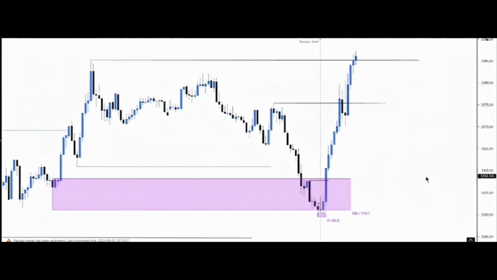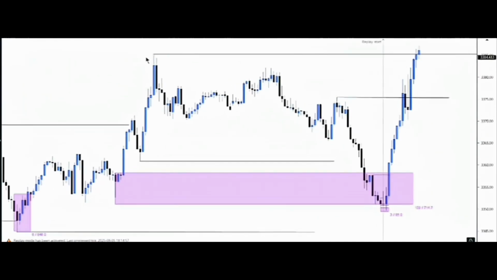The reason why we are using the 15M and not the 4H or the daily time frame as a higher time frame is simply because we are trading from range to range. So we don't want to catch a home run of 100 pips. We want to trade from range to range, and as you can see, this was actually our range high.